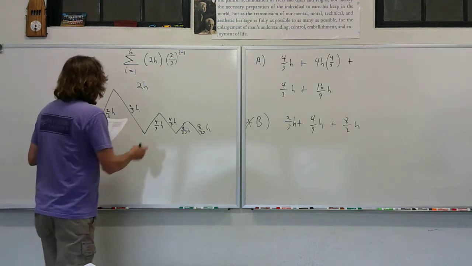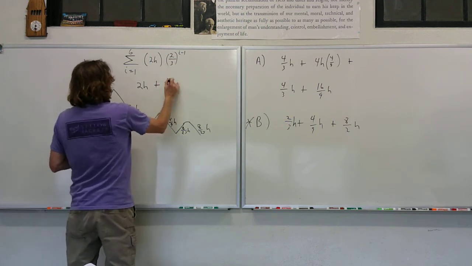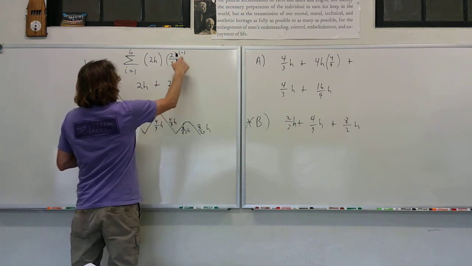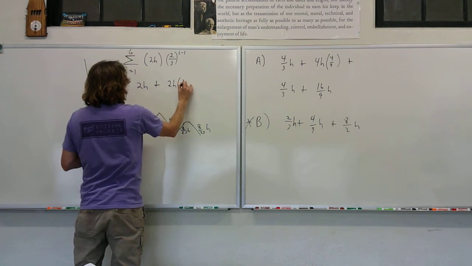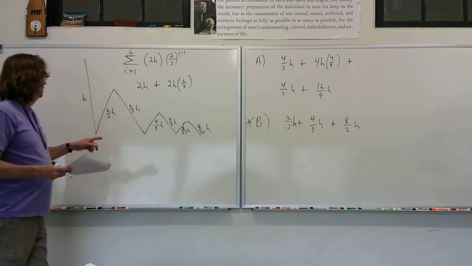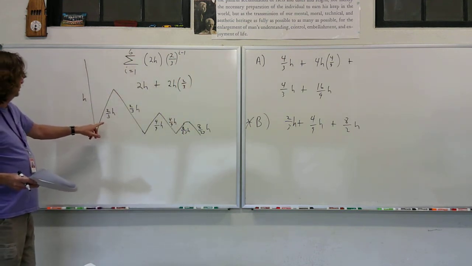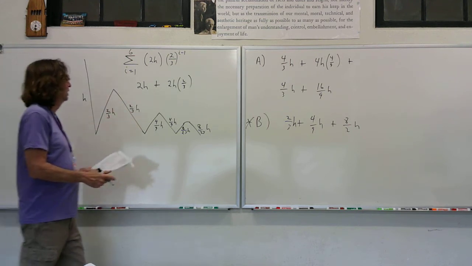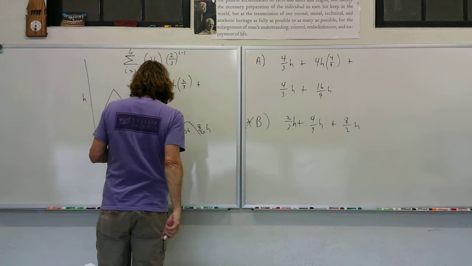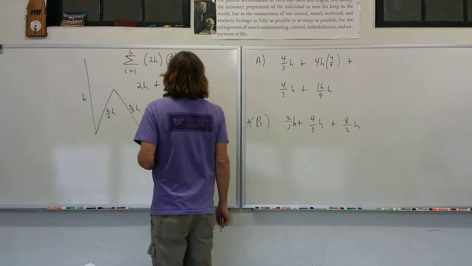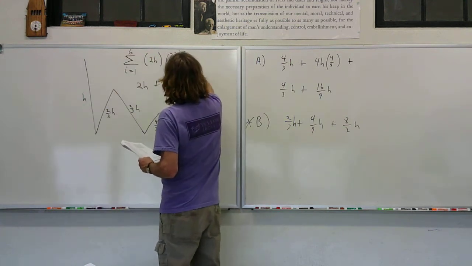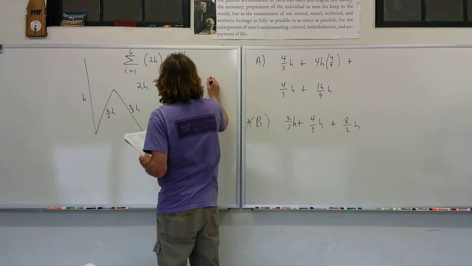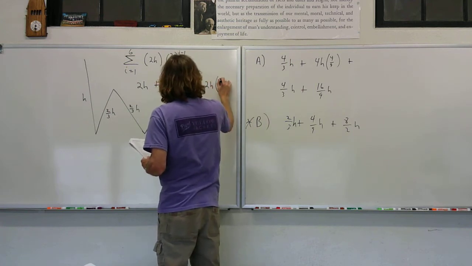But let's see what happens. Plus, put a 2 in there. You get 2h times 2/3, which is 4/3 h. That looks good. Plus, and then you put a 3 in there, and you get 4/9 times 2, so you get 2h times 4/9.